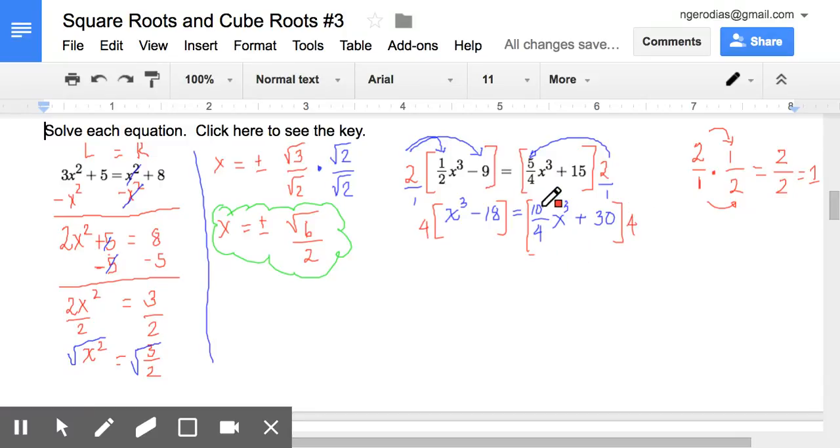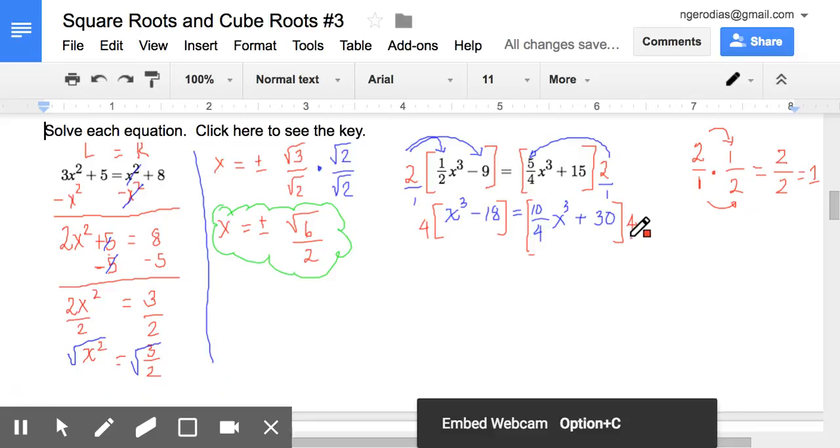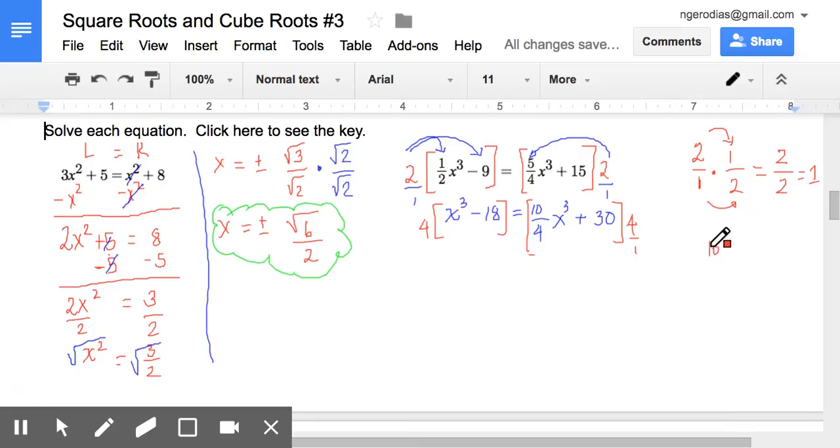Why are we multiplying by 4? Because if I have 10 over 4 times 4 over 1, it's going to give me 40 over 4, or I can cancel this, and I'm going to get 10 over 1, or simply 10, and therefore no more fractions.